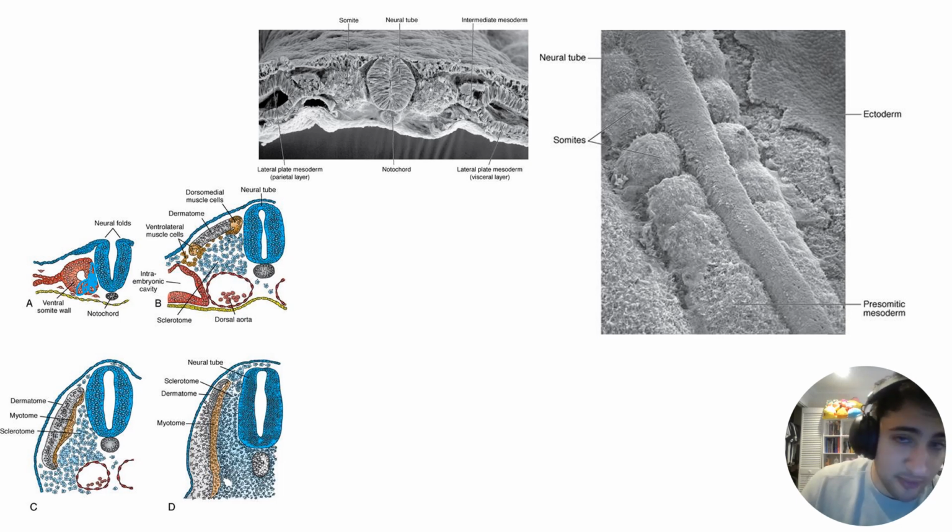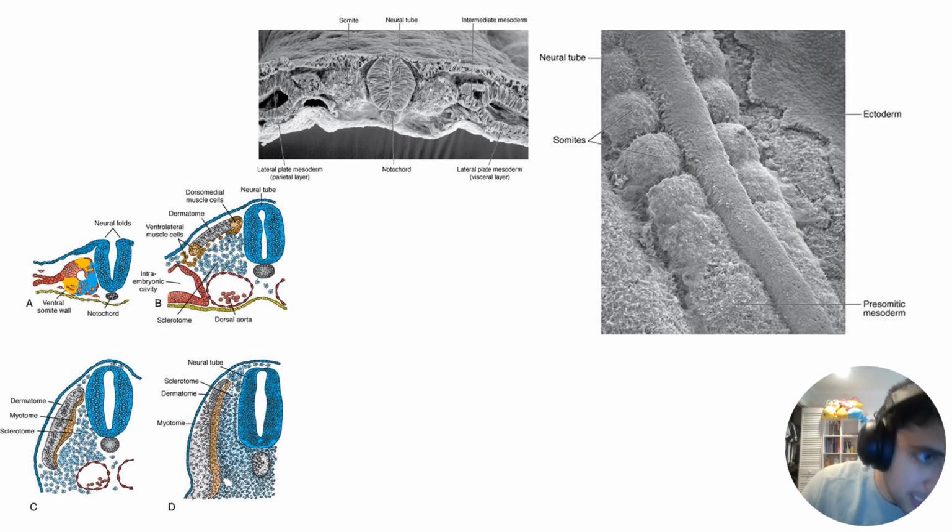So you have your ventromedial. Now, the cells at the dorsomedial and ventrolateral, so I'm going to use yellow for that: dorsomedial, back and middle, and ventrolateral, front and to the side.